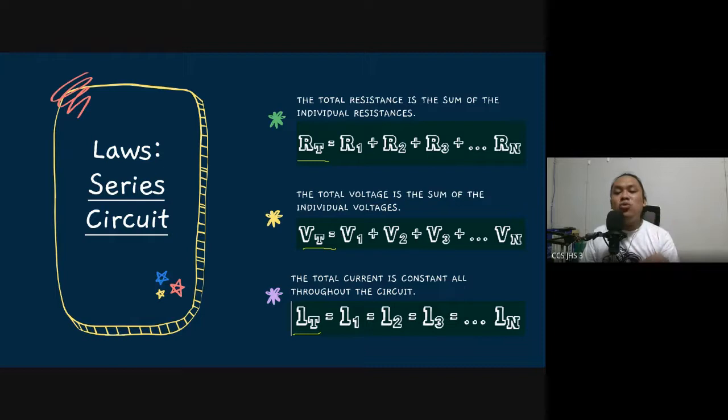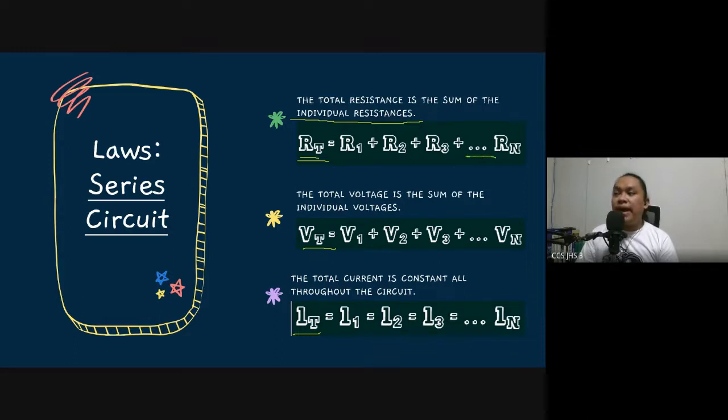These include the amount of resistance, voltage, and current used for each load connected to your series circuit. In order for us to get the value of our total resistance, all you need to do is add the individual resistances. So RT, or R sub T, or total resistance, is equal to R sub 1 plus R sub 2 plus R sub 3 plus dot dot dot R sub n.